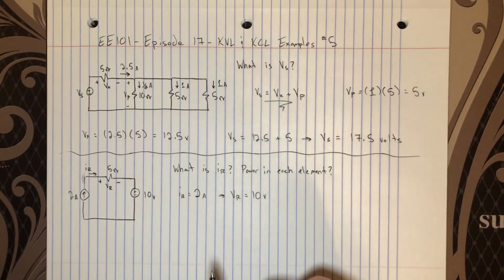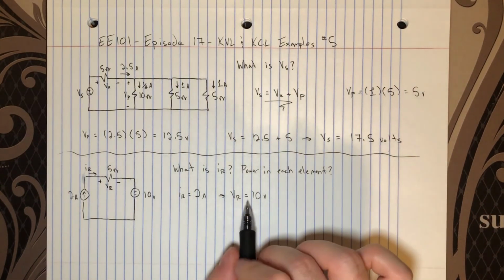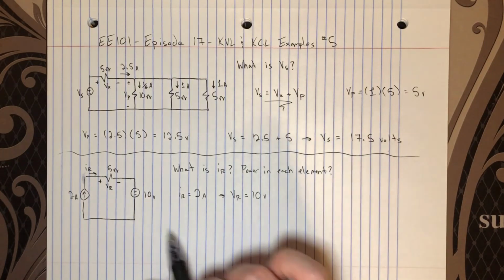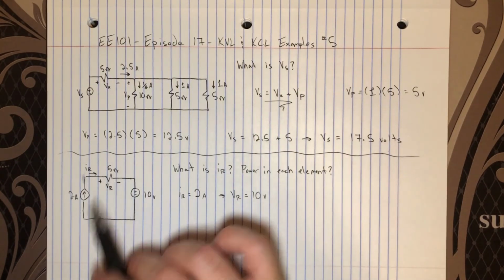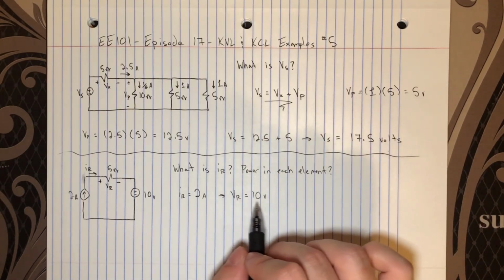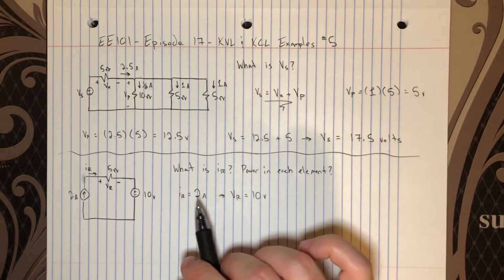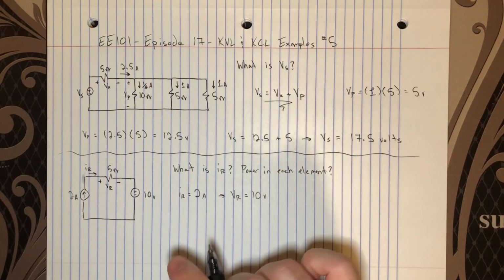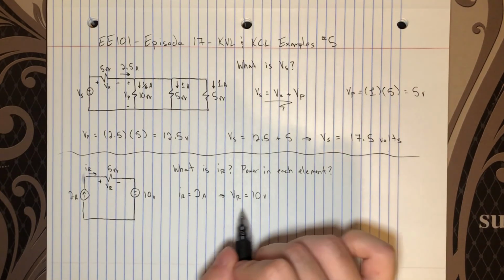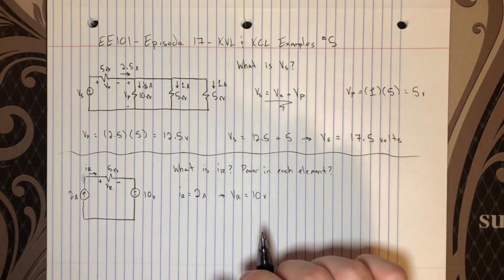And that's great. We didn't actually need to calculate the voltage to calculate the power. We could have done I squared R, or V squared over R, or I times V. But we're going to need this voltage to solve the rest of the problem, so I thought I'd write that down first.